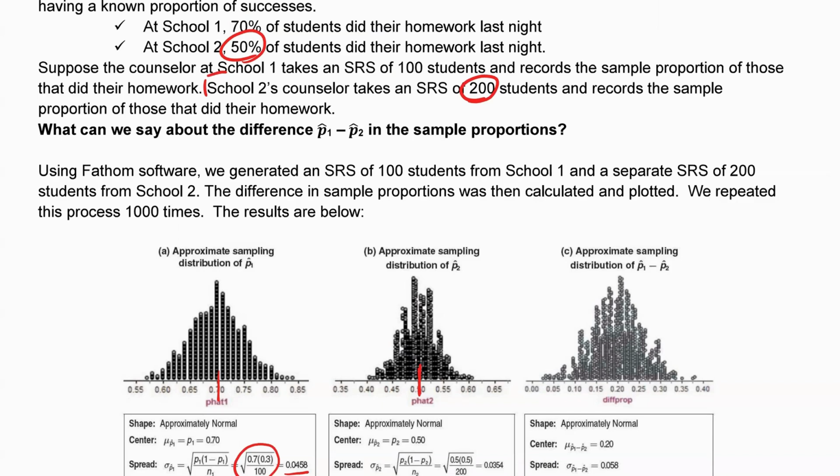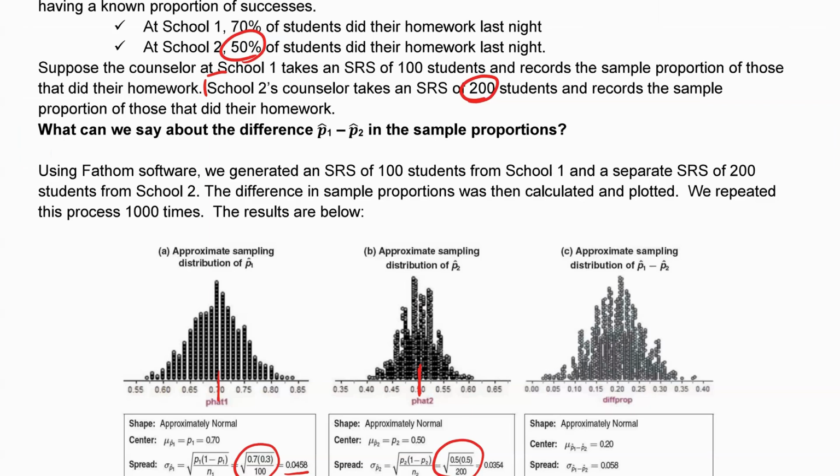Well, with 200 students and 50% of them doing their homework, do we expect at least 10 successes and 10 failures? We do. And then lastly, can we calculate the spread for that situation? Sure. Square root of 0.5 times 0.5 divided by 200, or about 3.5% for standard deviation.